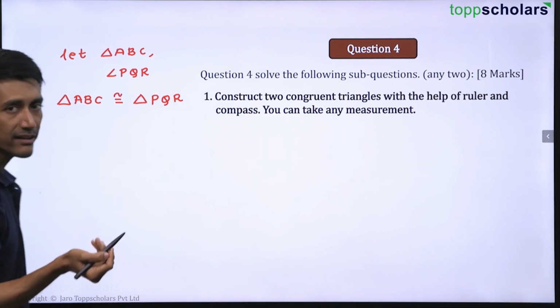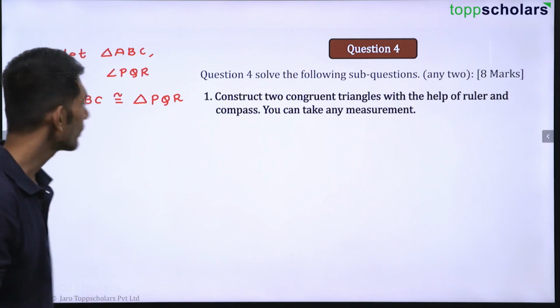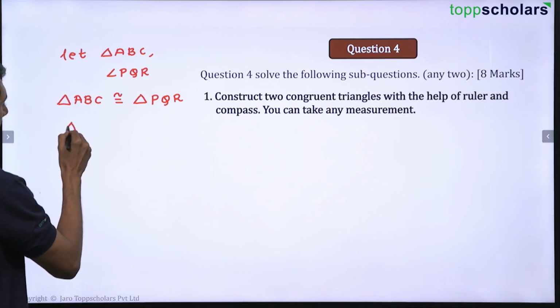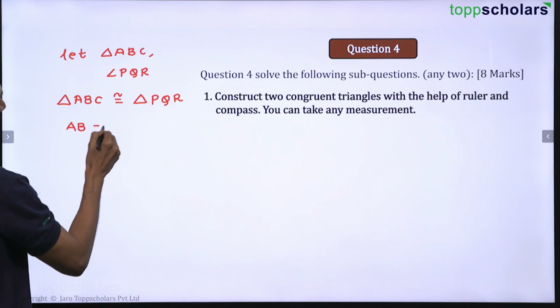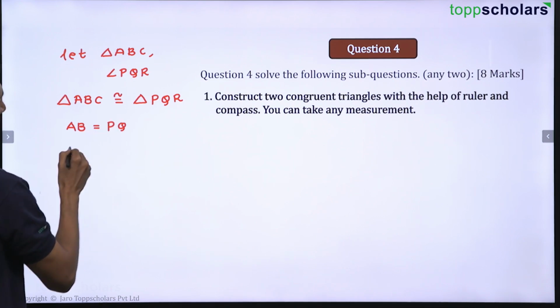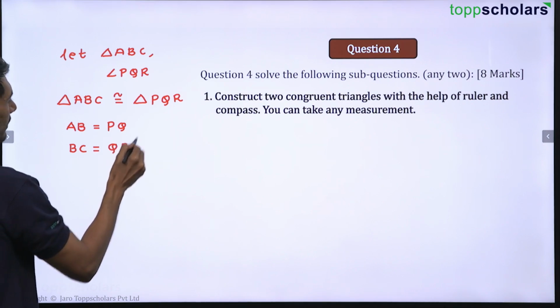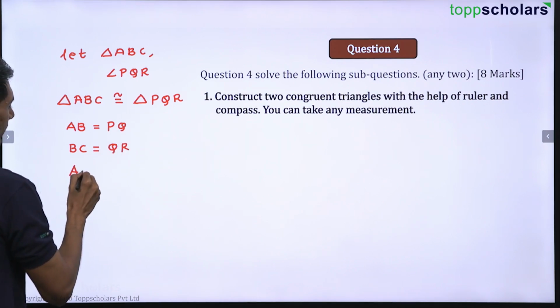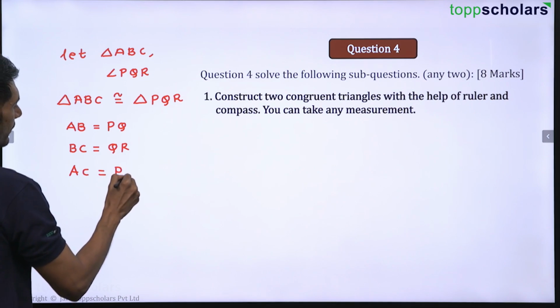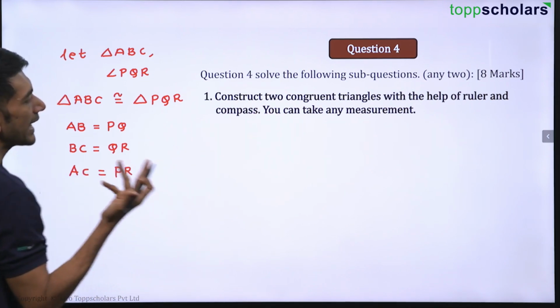We know that if the two triangles are congruent, their corresponding sides are equal. So can I say AB will be equal to PQ, BC will be equal to QR, and AC will be equal to PR. Now they are saying take any measurements.